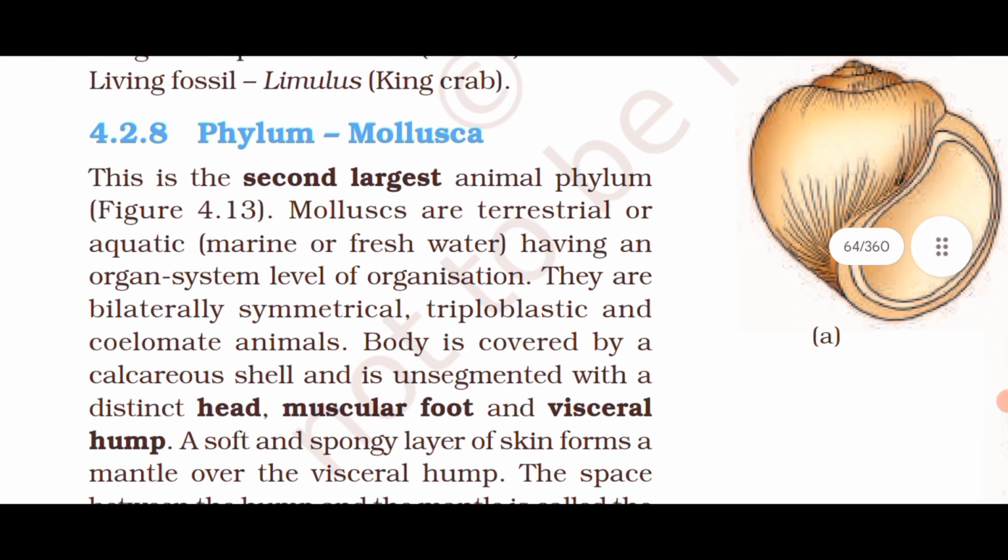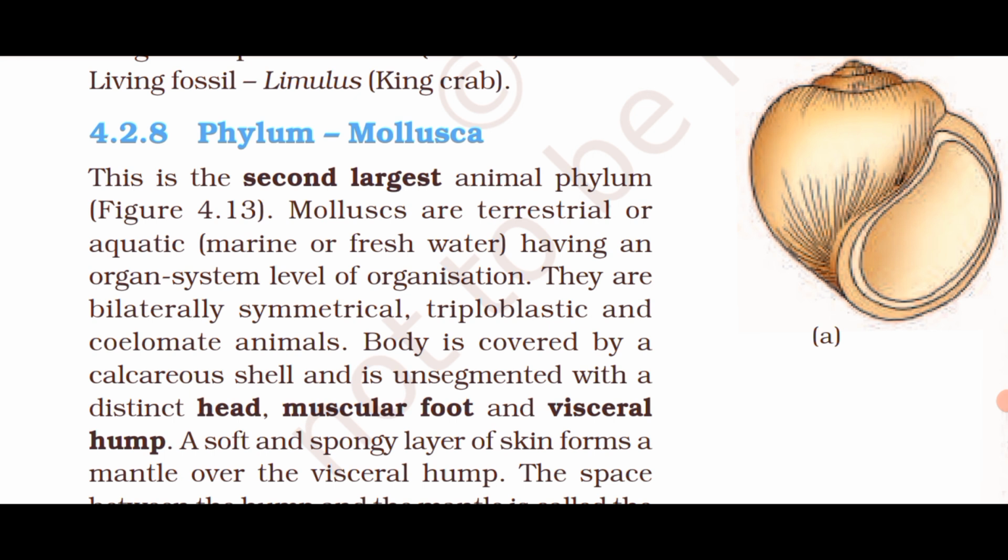4.2.8 Phylum Mollusca. This is the second largest animal phylum. Molluscs are terrestrial or aquatic, marine or freshwater, having an organ system level of organization. They are bilaterally symmetrical, triploblastic, and coelomate animals.